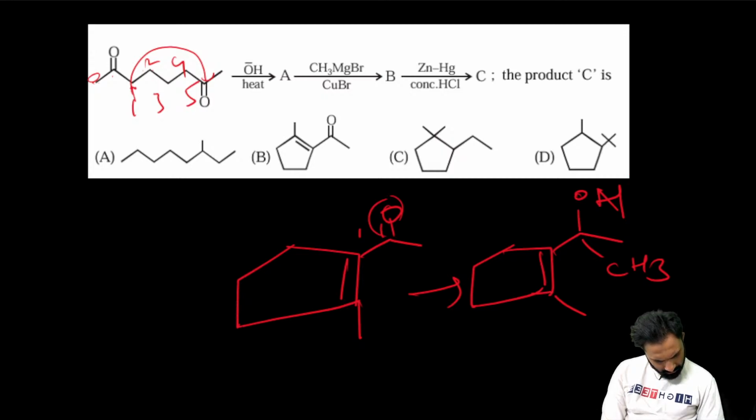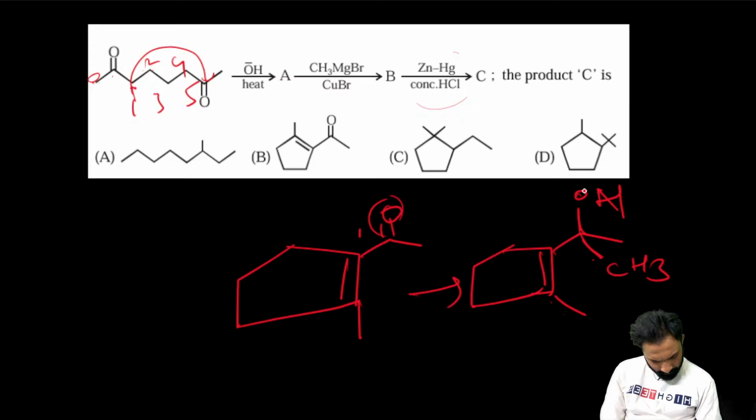How come the C answer? Here the 2 alcohol will go. And between Zn-Hg, Clemmensen reduction will reduce, but how come some option is missing here? I think some option is missing. It is asking product B, right?